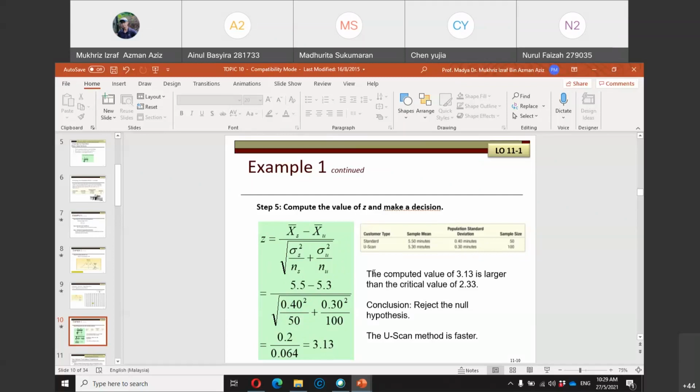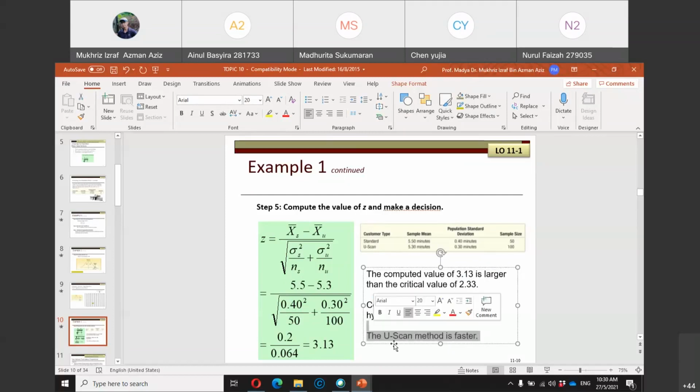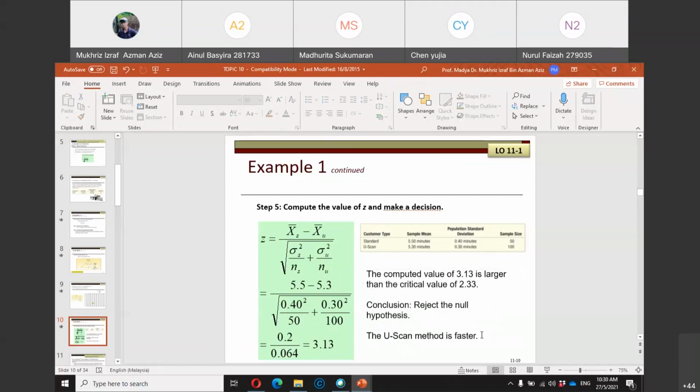Then again the three parts conclusion: part 1, part 2, and part 3. The first part is whether the value is inside or outside the area of rejection. Second, whether you reject or do not reject. Third, the meaning of your conclusion. Of course, this conclusion here is much shorter than what you used to see.